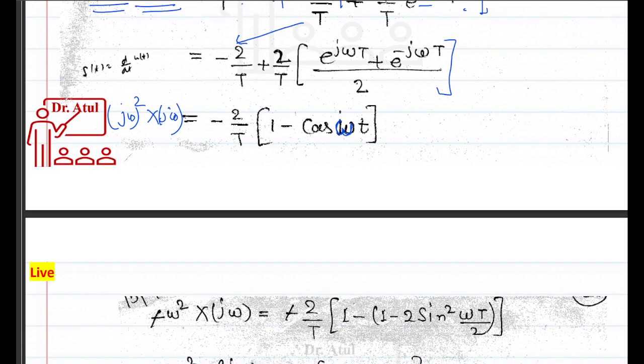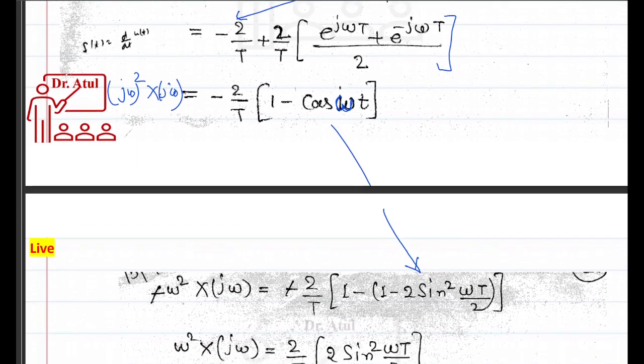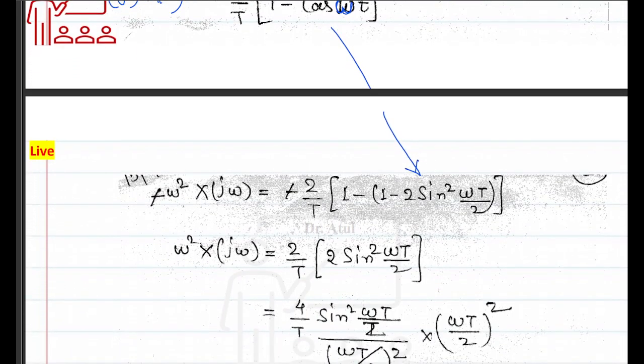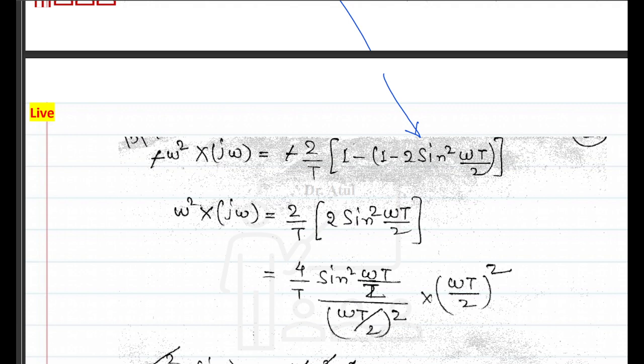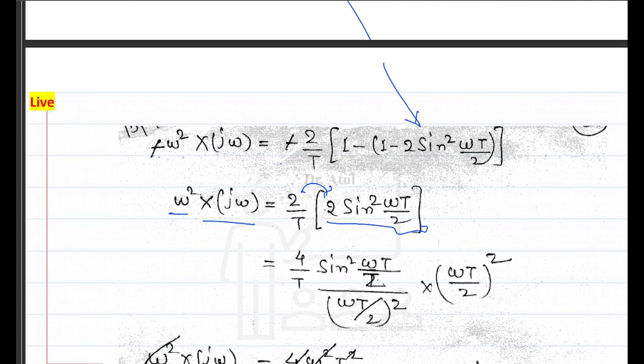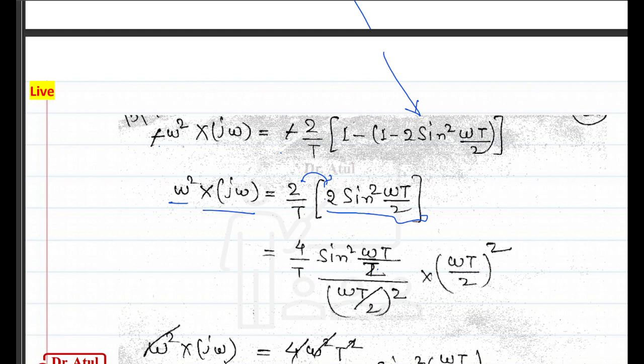And cos omega T can be written as 1 minus 2 sin square omega T by 2. The 1 and 1 cancel, and the minus signs also cancel, so omega square X of j omega equals 2 upon T times 2 sin square omega T by 2. So 2 and 2 becomes 4 upon T, sin square (omega T by 2) divided by (omega T by 2) whole square times (omega T by 2) whole square.